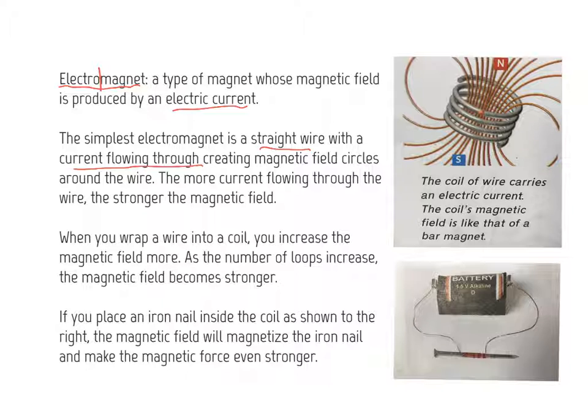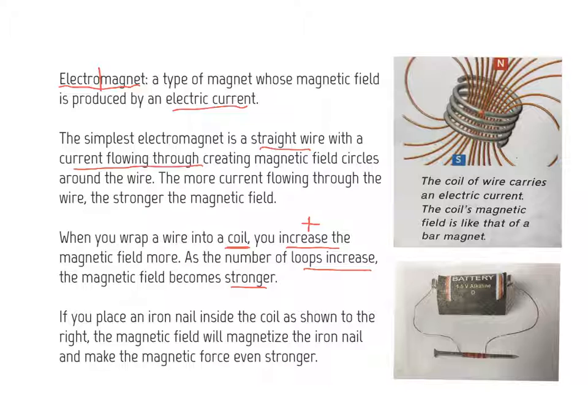But that's not even going to attract or really repel anything. So what we do is we wrap that wire into a coil, and that will increase the magnetic field even more. As the loops increase, the magnetic field gets stronger.